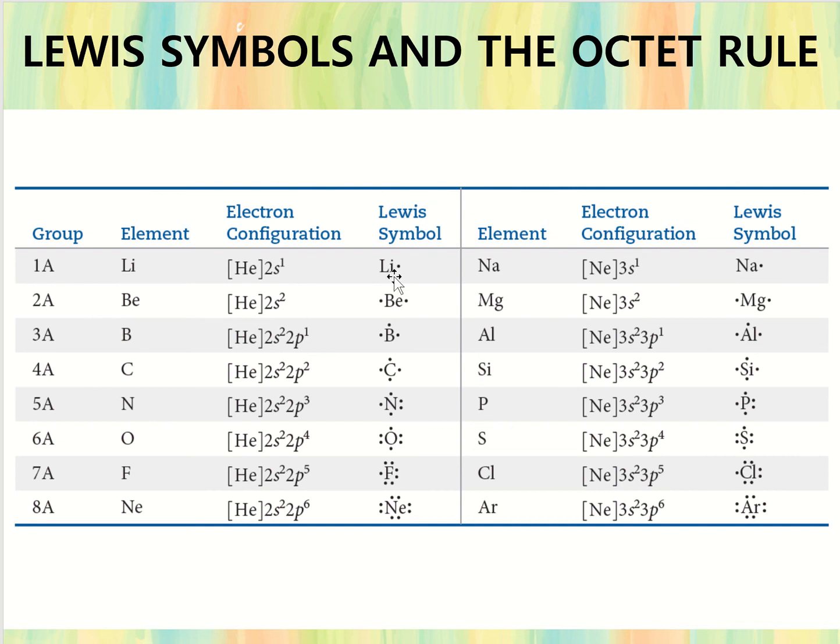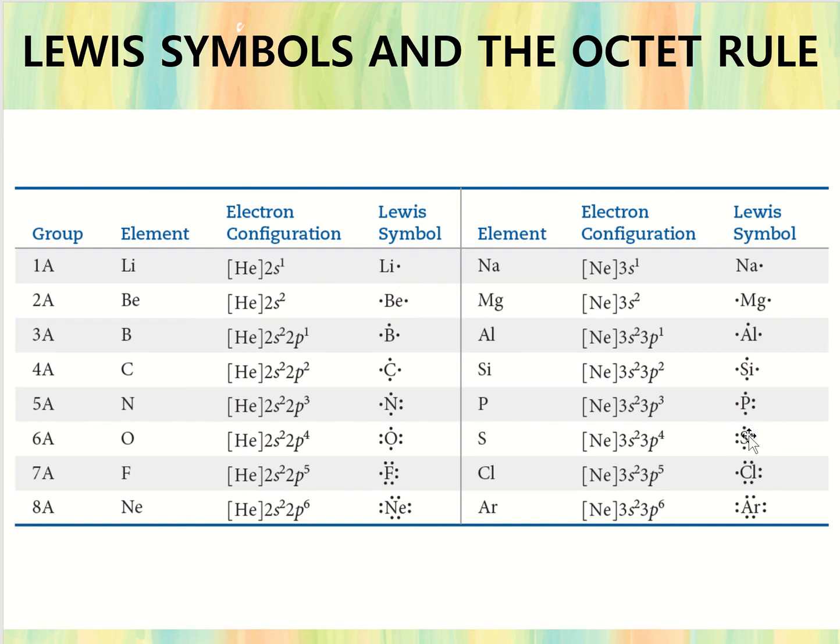So for lithium here, we see that the electronic configuration or the valence electron is in the 2s subshell, and there's just one electron, and so this is the Lewis symbol. Perhaps you want to take a minute and just go through all of them to see their Lewis structure. We just saw chlorine in the previous question, and this is the Lewis symbol as we saw.